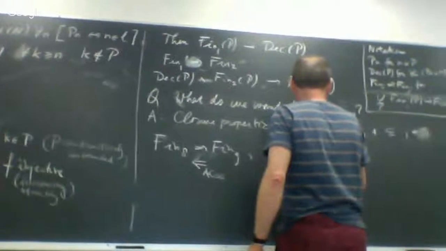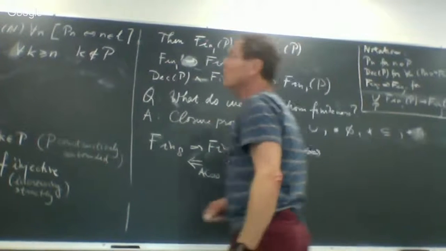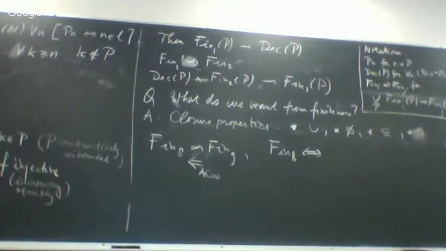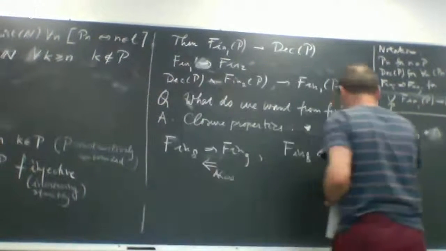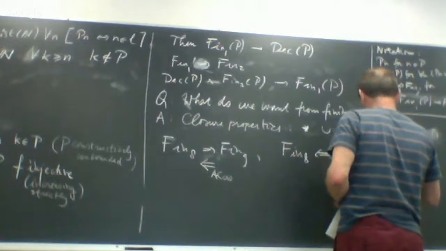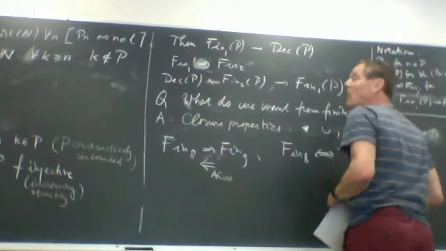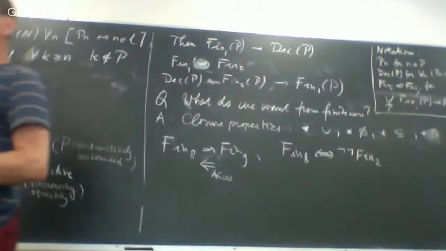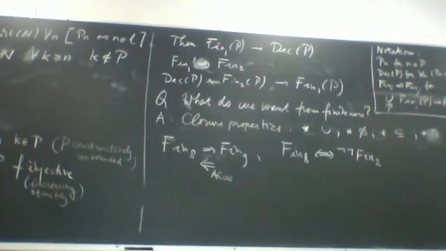Fin 8 is actually not Fin 2. Since the Morgan-like manipulations you need for the quantifiers are exactly those that are allowed in intuitionistic predicate logic. Is everybody with me?